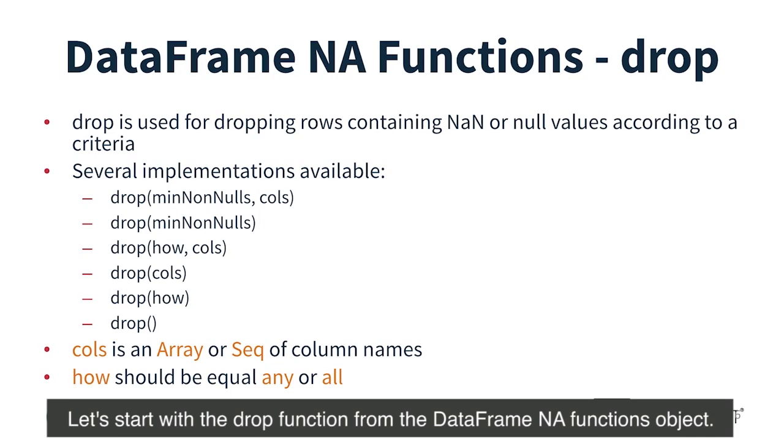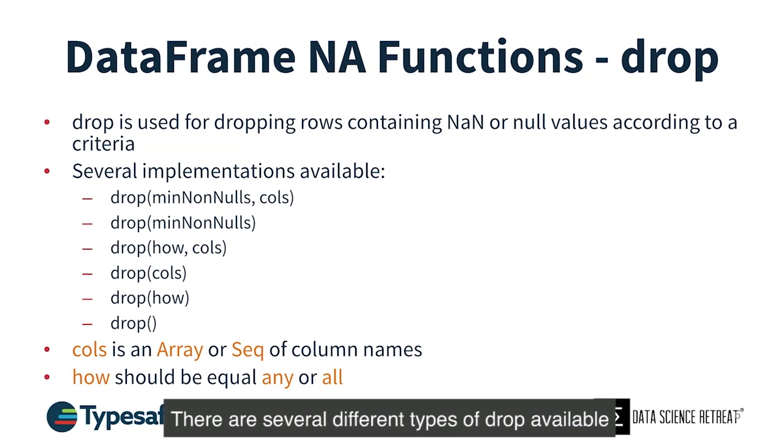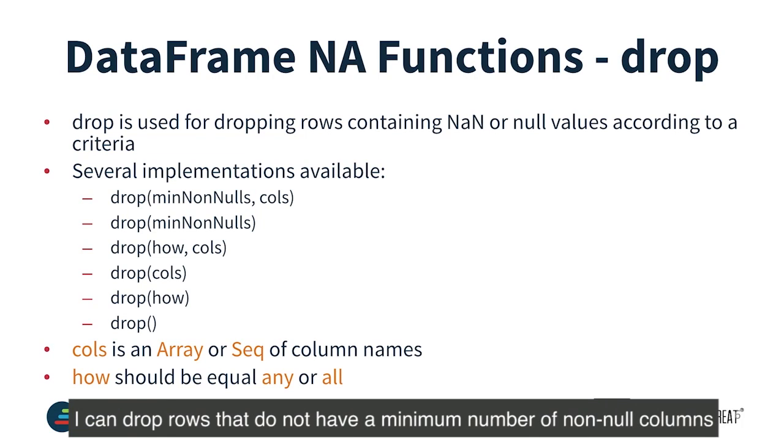Let's start with the drop function from the data frame NA functions object. As its name states, this function is used for dropping rows containing NaN or null values, according to different criteria. There are several different types of drop available. I can drop rows that do not have a minimum number of non-null columns.